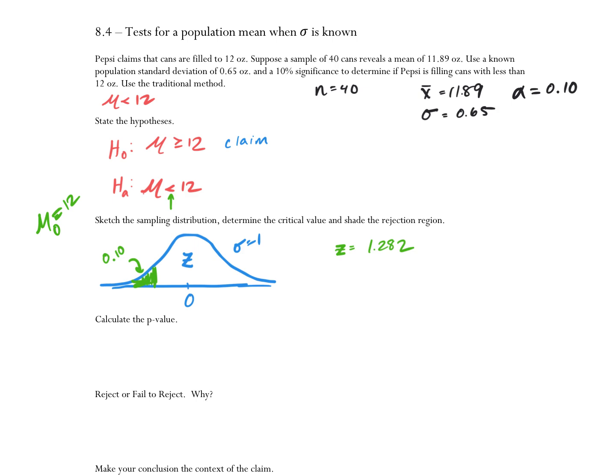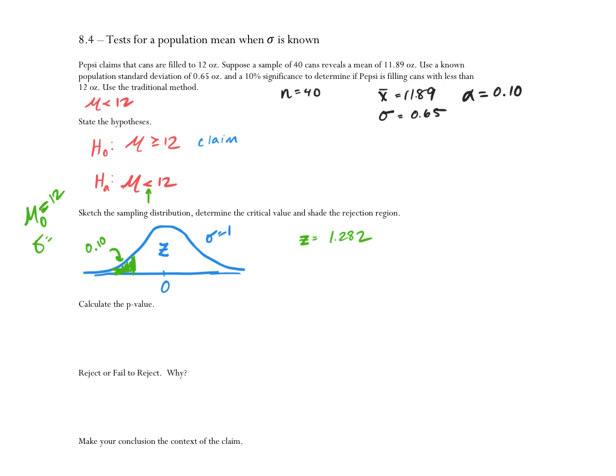The next thing it asks for is sigma, which would be 0.65. And x bar is the 11.89. N is given. And again, you want to make sure you have the less than one highlighted. Go down and hit calculate. Okay, and in this case, our p-value is equal to 0.142.